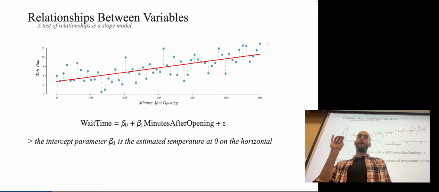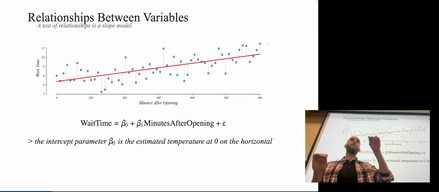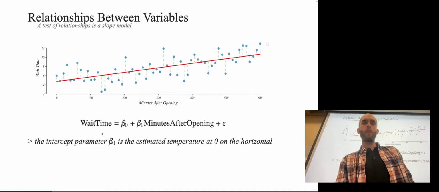Beta 0 is the intercept parameter, which is the estimate of our wait time if we were to place an order exactly when the shop opens. So at x equals 0, what is our estimated model? So it's basically this point at x equals 0.